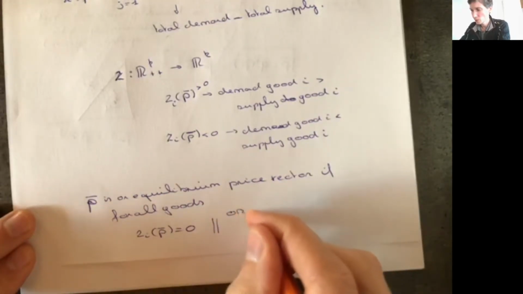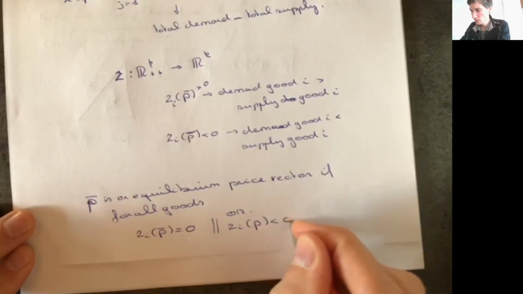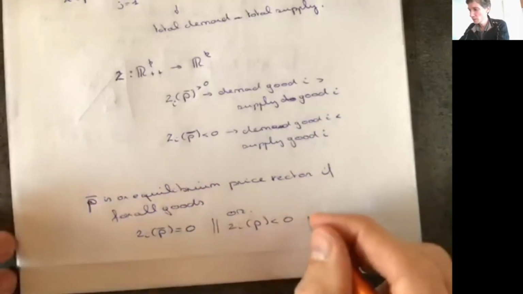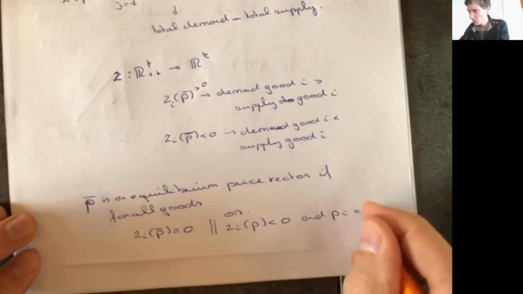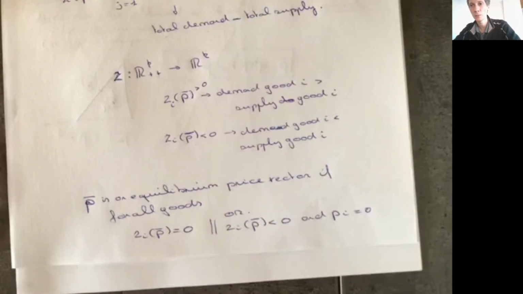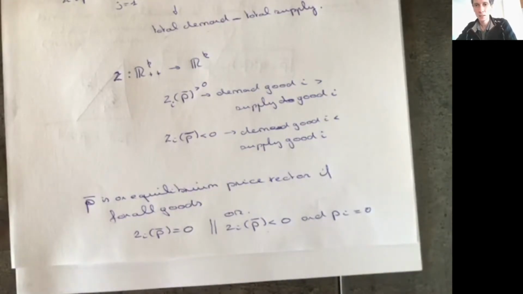So we say or z_i(p) is negative, there's more supply than demand, but in this case the price of good i has to be 0. So there can be more supply than demand, but if there's more supply than demand, then you're basically making the good free. Nobody wants to consume it anymore. So then we allow for excess supply.